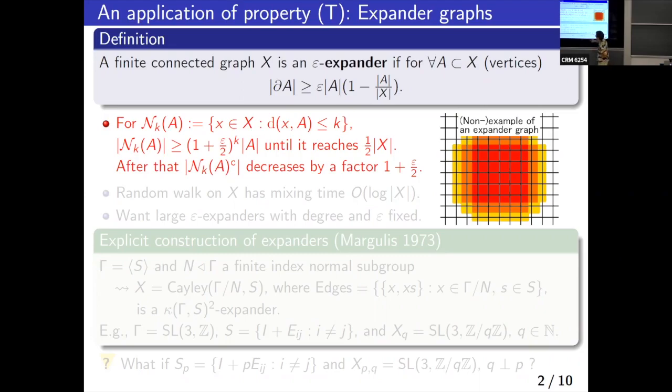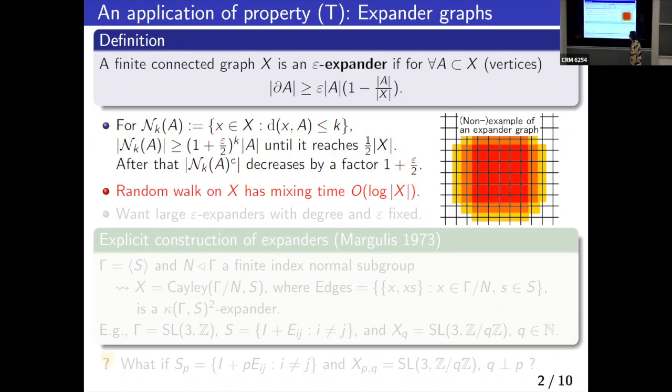This is what we have seen in the COVID pandemic, that COVID expands exponentially up to some point and then decreases exponentially. But I guess our human graphs are somehow amenable, so it cannot expand until half of the population.